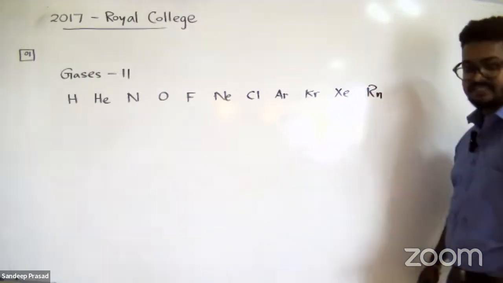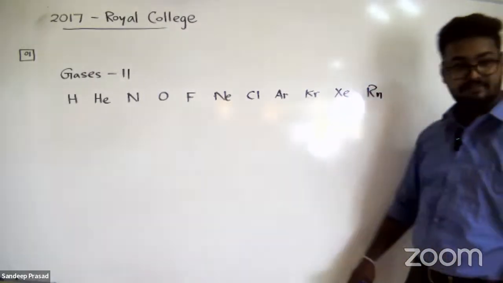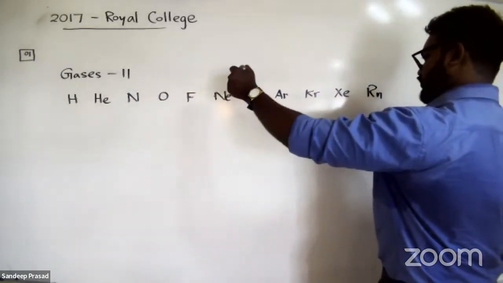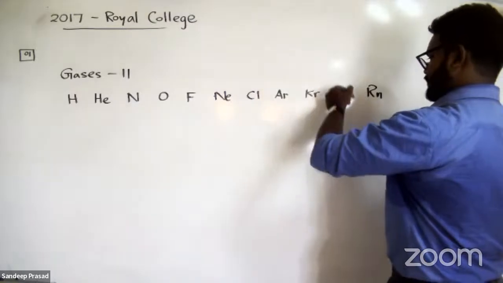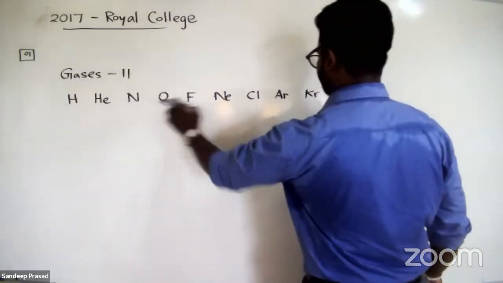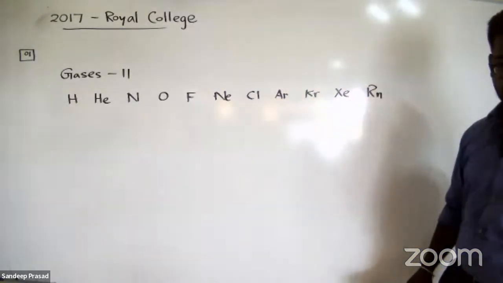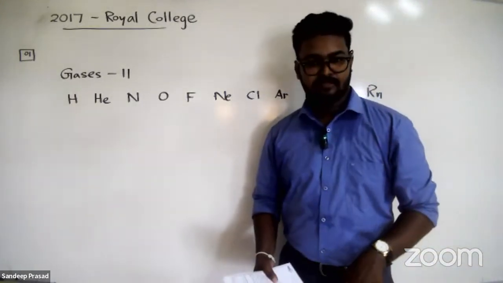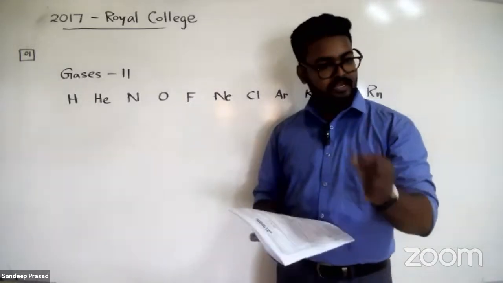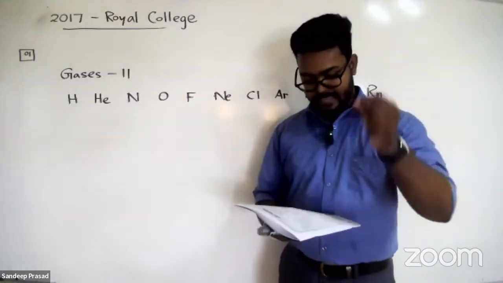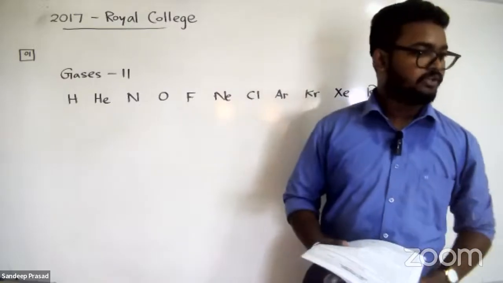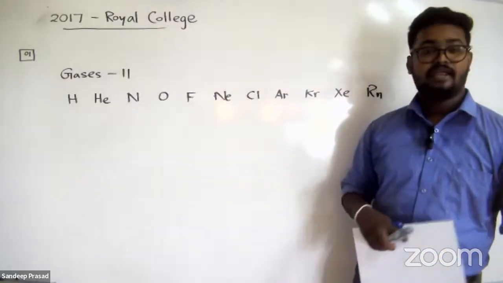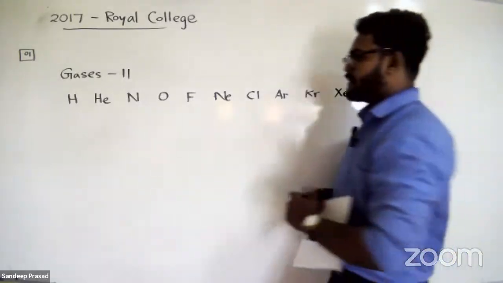So these are the gases in the periodic table. There are 11 gases. Can you remember? Hydrogen, helium, nitrogen, oxygen, fluorine, neon, chlorine, argon, krypton, xenon, radon. If you count them, 4, 8, 11, there are 11 gases. But remember, students, they are not asking the number of gases. Here they are asking the number of elements that exist in the gaseous state as diatomic molecules. So what are the gases actually existing as diatomic molecules, right?